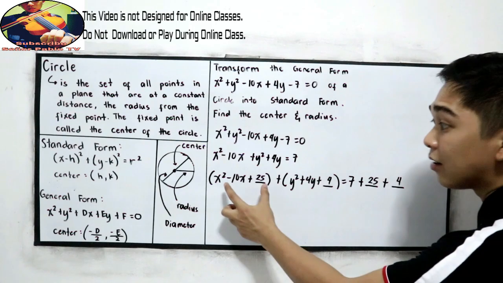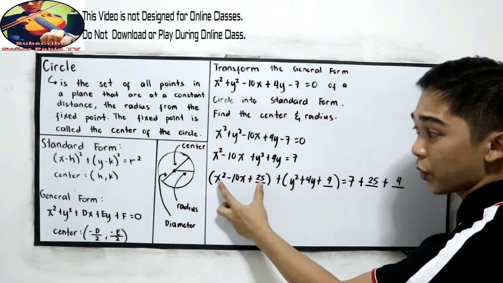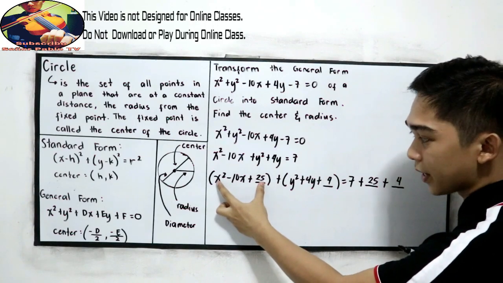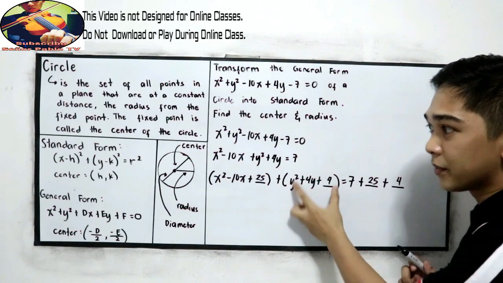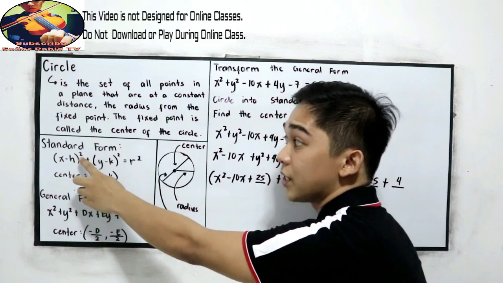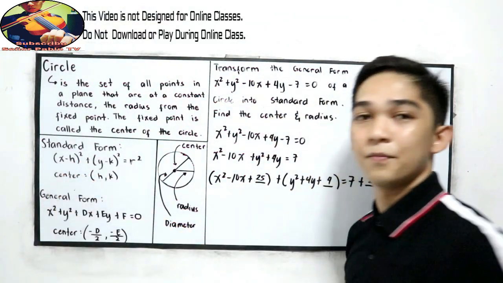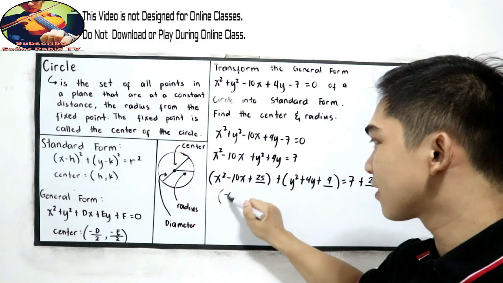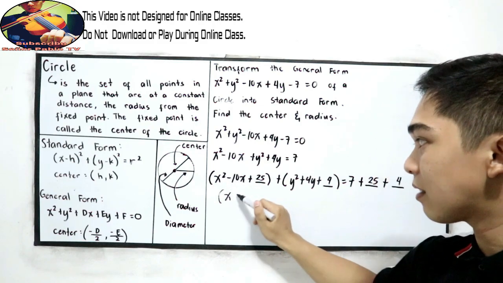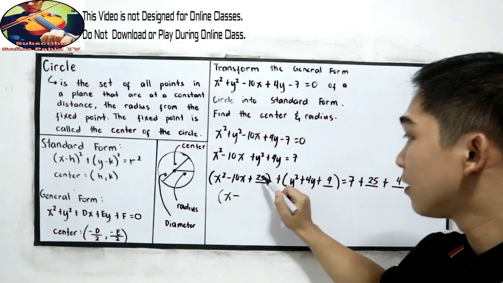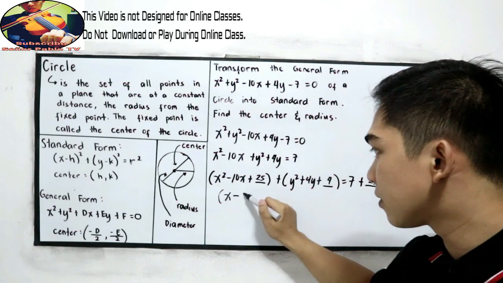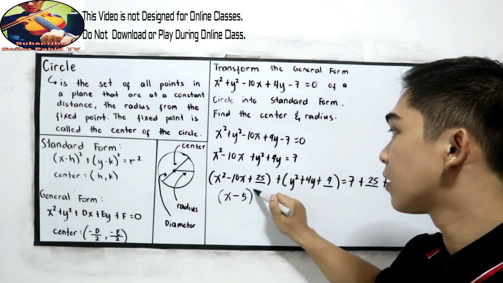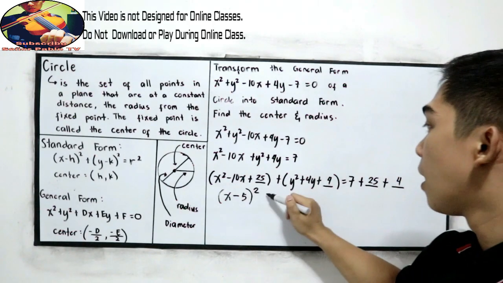Okay, now a perfect square trinomial and a perfect square trinomial. We're going to write it into square of a binomial. So that is x, copy the sign of the middle term, minus square root of 25, that is 5. Then write squared.